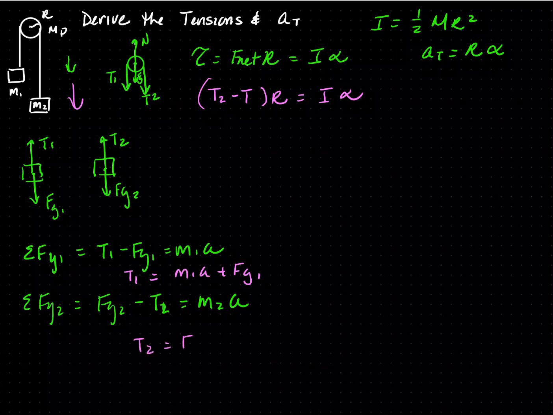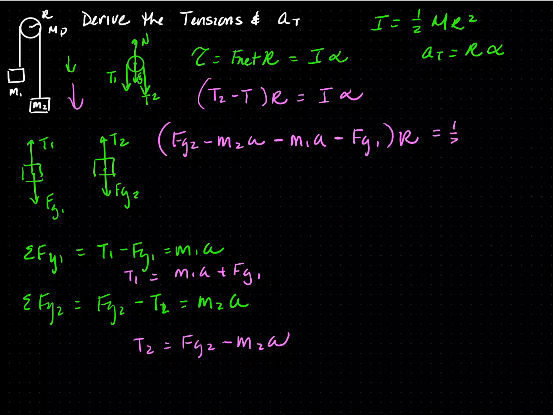T2 is going to be Fg2 minus M2A. So this becomes Fg2 minus M2A minus M1A minus Fg1, times R. R is the radius of the pulley, and remember the torques have to be perpendicular to it. This is equal to 1/2 mass of the pulley, R squared.